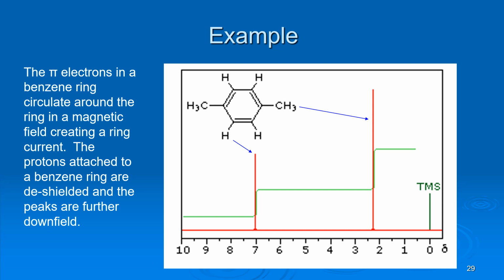So these hydrogens are more deshielded because they're on the benzene ring, so they're down here around 7. The sp3 hybridized carbons over here, the hydrogens on these carbons are much more shielded, and so they're much more upfield. They're not quite as far over as 1 because they are directly attached to the benzene ring.